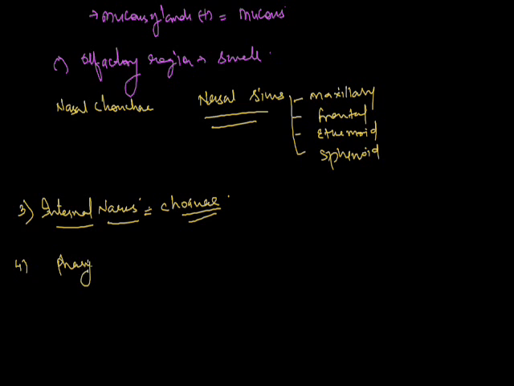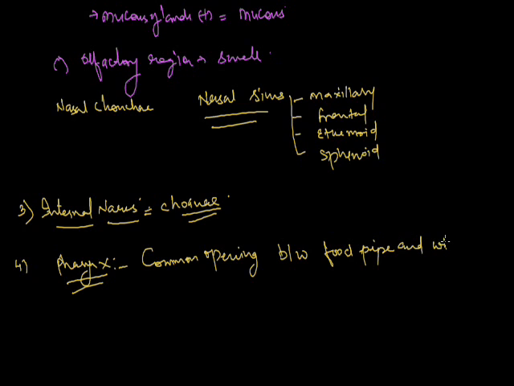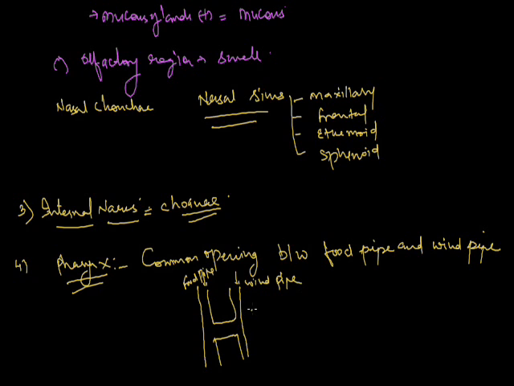This is the fourth part of the respiratory tract, and we know that the pharynx is the common opening between the food pipe and the windpipe. If we see the structure, from here this is the food pipe, and here it is the windpipe. So this region, this common opening, is known as the pharynx.